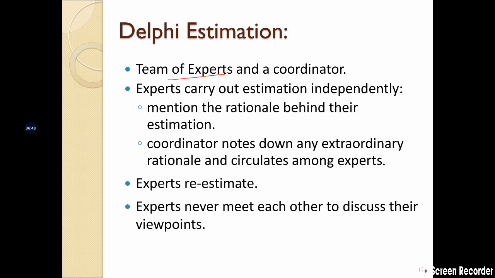But if somebody gives you 60 and somebody gives you 90, he will ask, why did you give 60? Why did you give 90? Both those comments will be shared amongst the experts, and then they will re-estimate, saying maybe there was a mistake there. This process goes on until all 3 experts arrive at almost similar marks. So this is what Delphi estimation is all about.